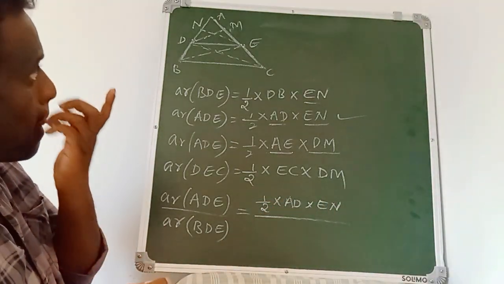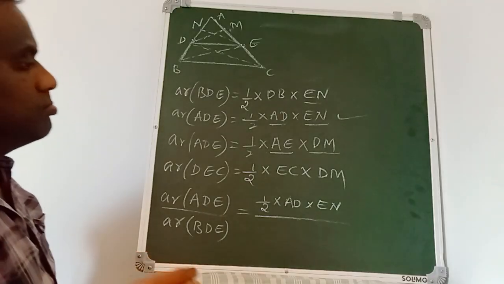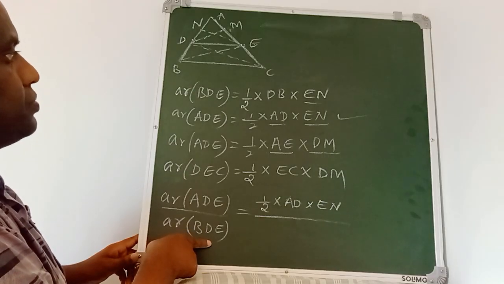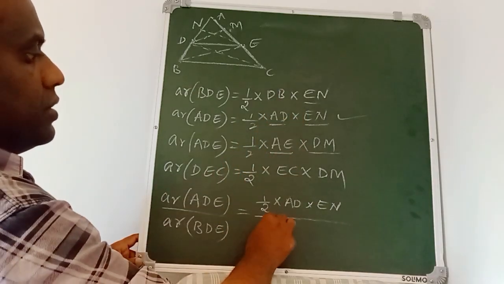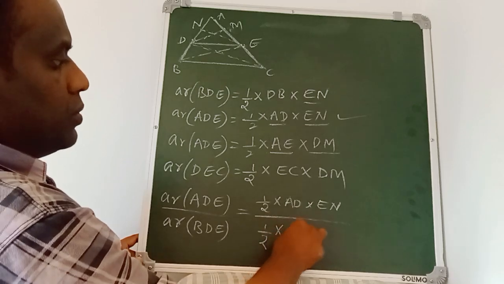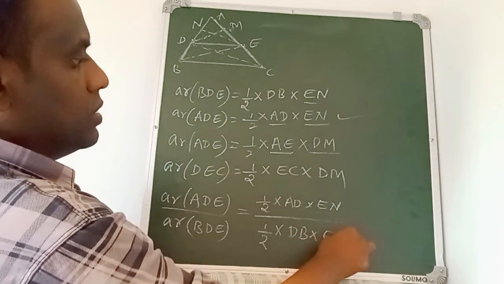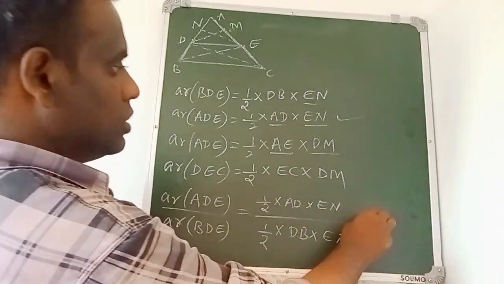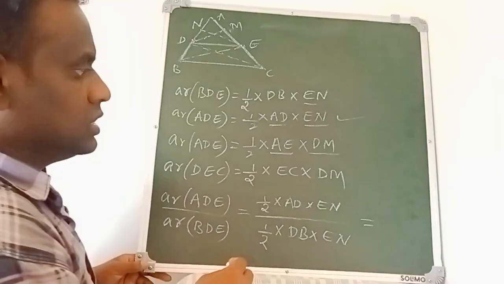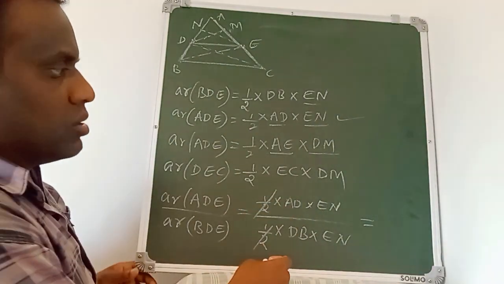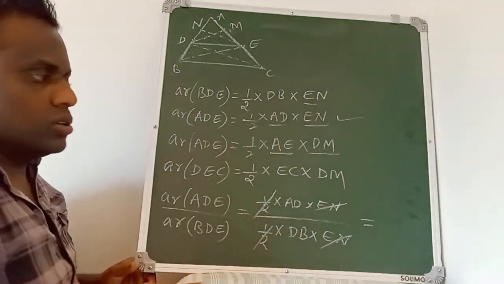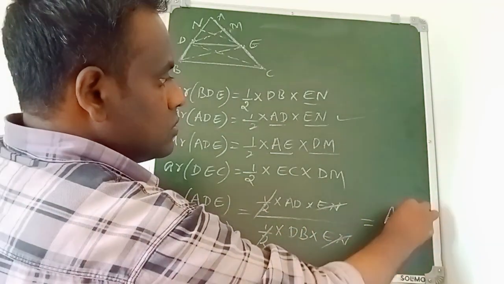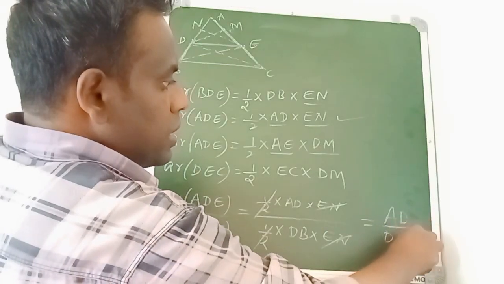Half into AD into EN. Now next, area of BDE, we have this right here, half into DB into EN. Now this is equal to, see, half cancels out, EN cancels out. What is left? AD by DB.